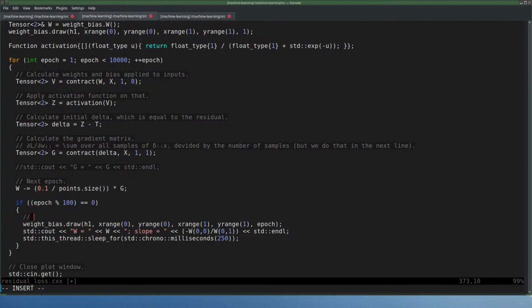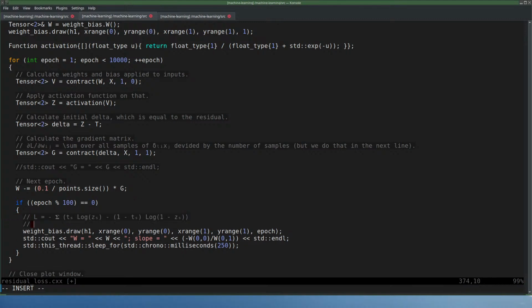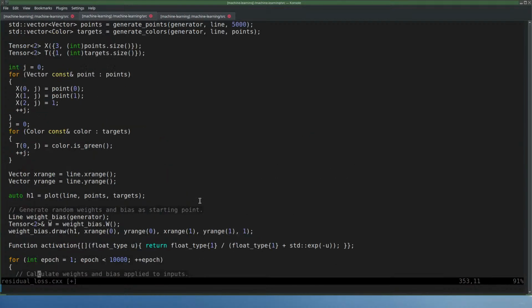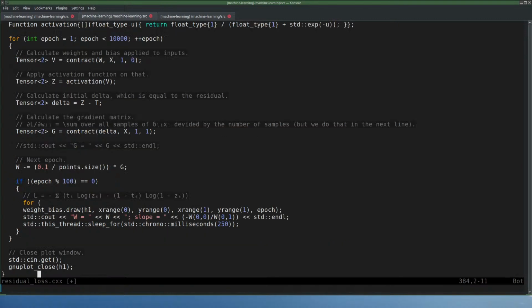We want to calculate that, which means I want to run over all axes. It's the same as I did here. So just run over all the points, keeping track over j, I think.